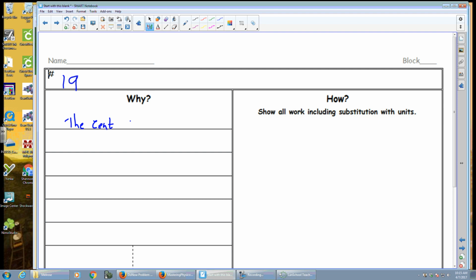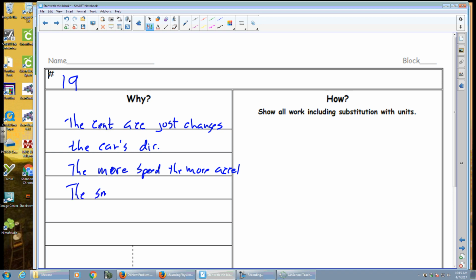So the centripetal acceleration just changes the car's direction. The more speed, the more acceleration; the smaller the radius, the more acceleration.